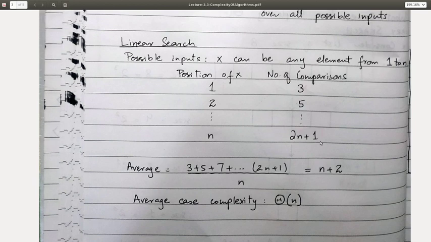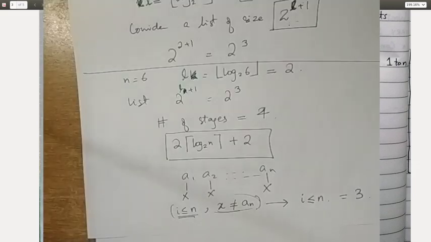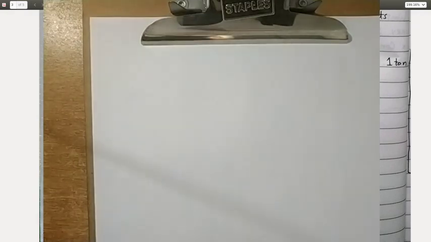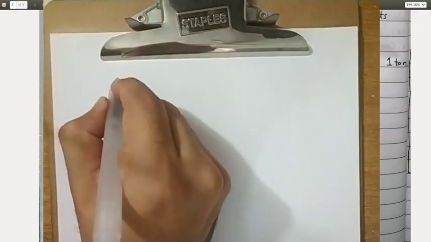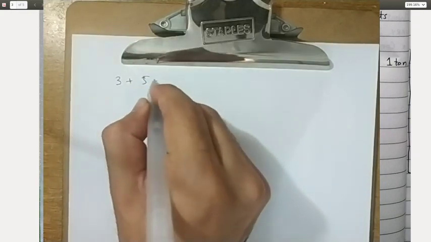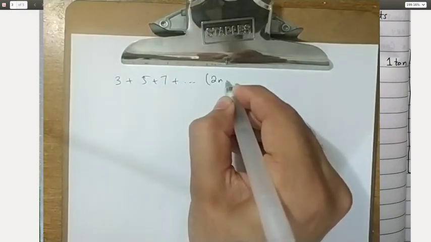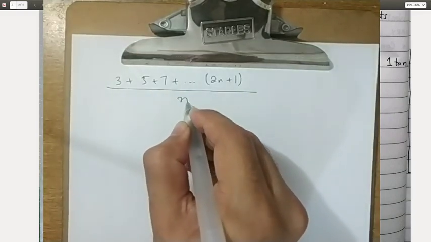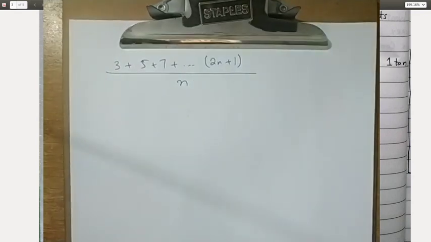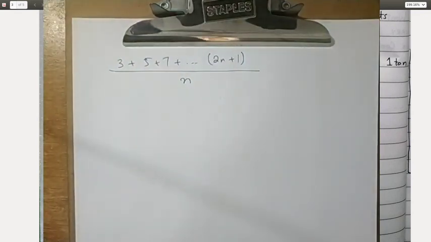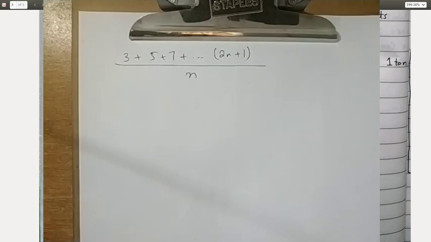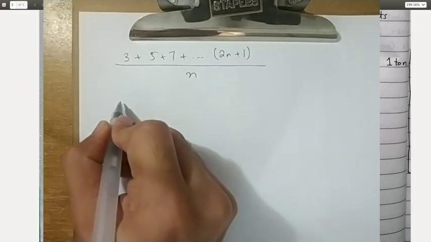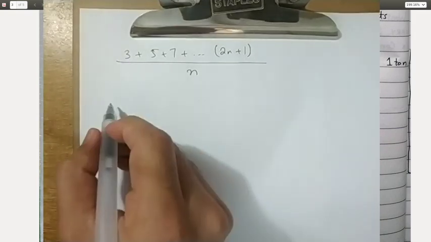Let's check out the mathematics a bit. And so the mathematics is done as follows. We have 3 plus 5 plus 7 plus up until 2n plus 1, divided by n.